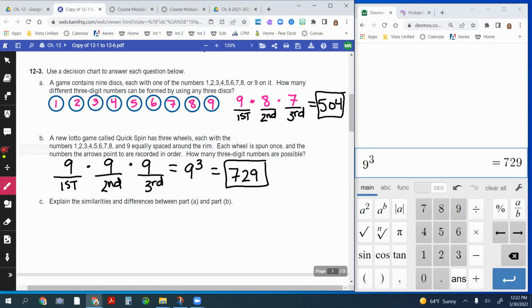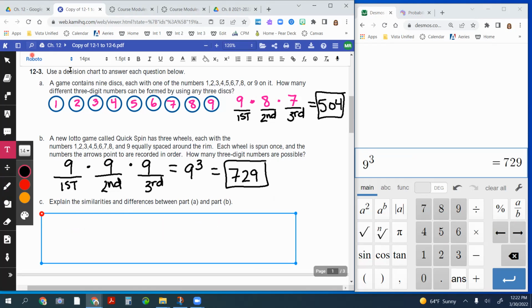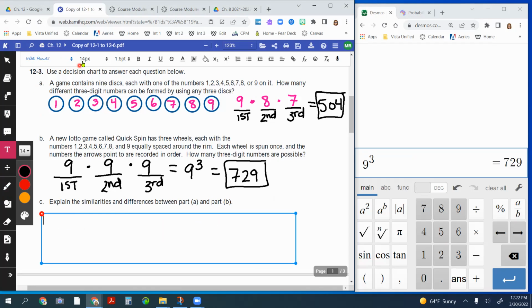The similarities, let's get a text box here, is that both are 3-digit codes with the numbers 1 through 9.